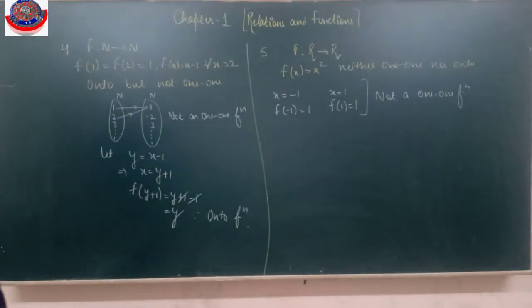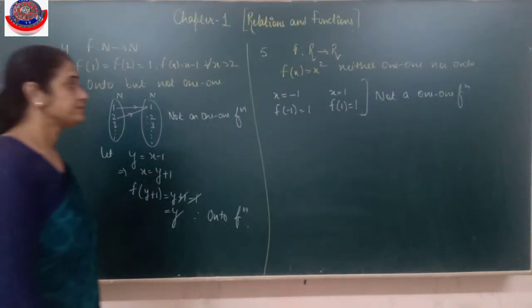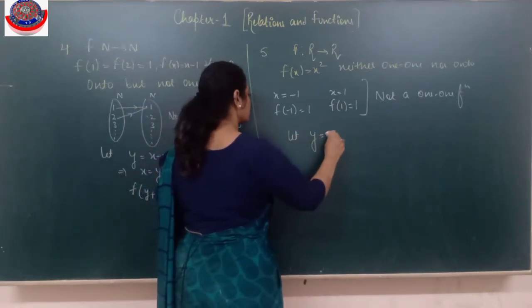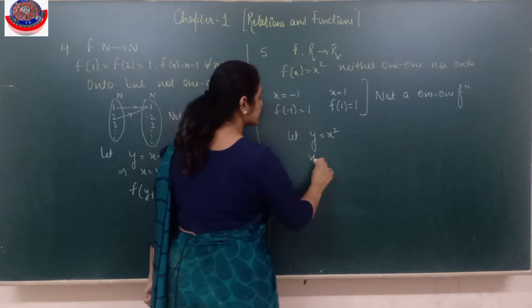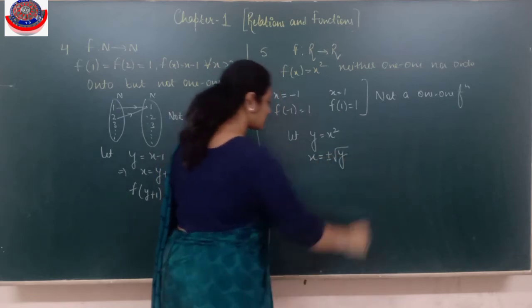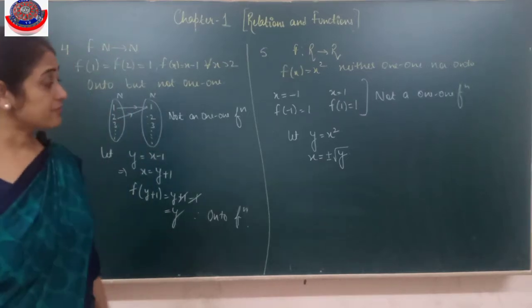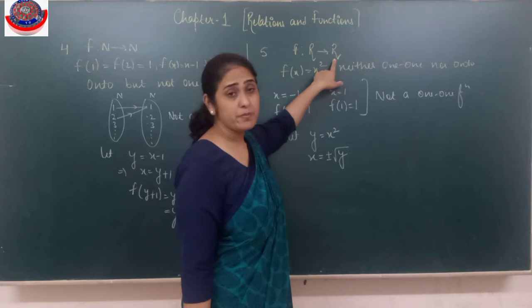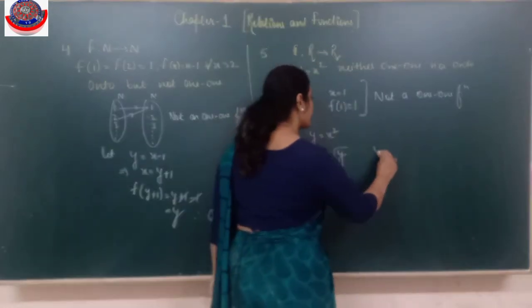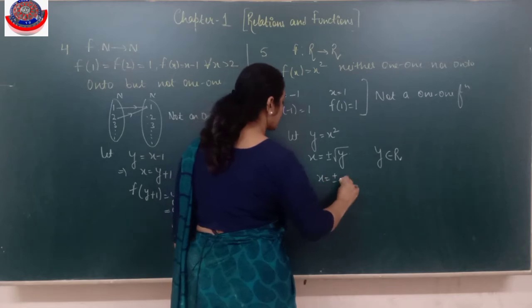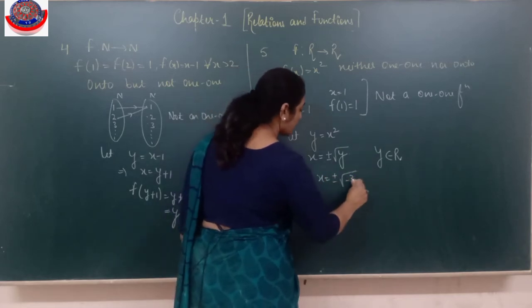For onto, what do we do? I assume the function is y, and I find x in terms of y. Now, y is from the second set, so y belongs to the real numbers.